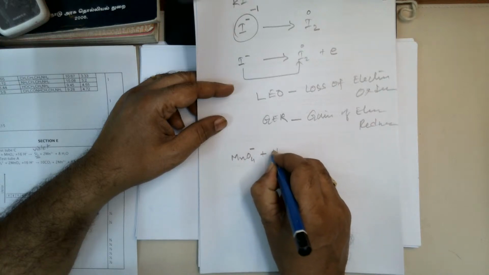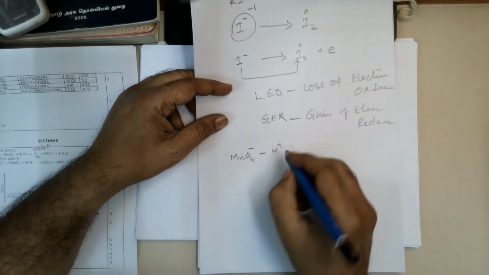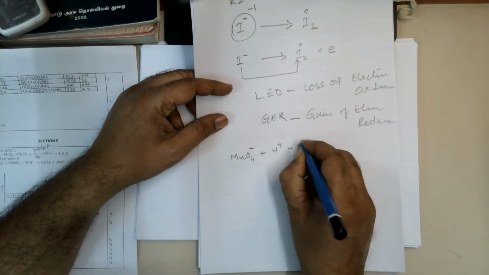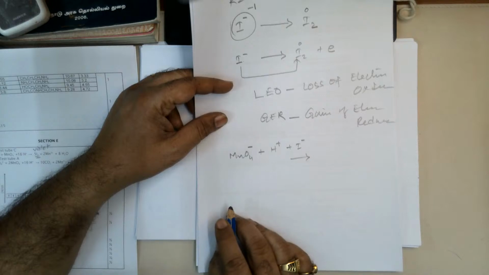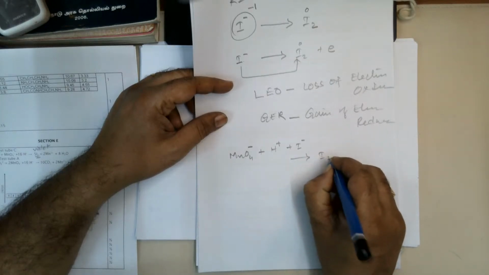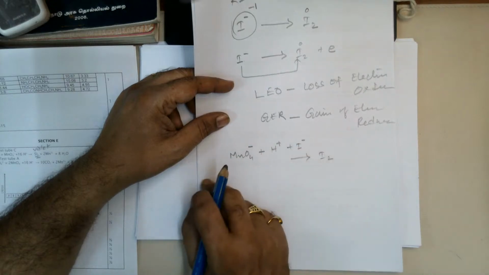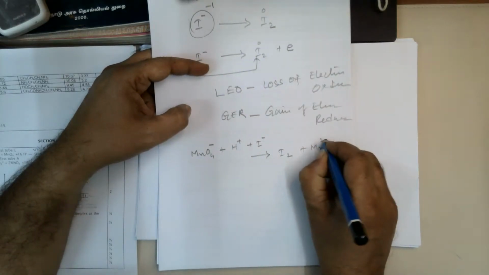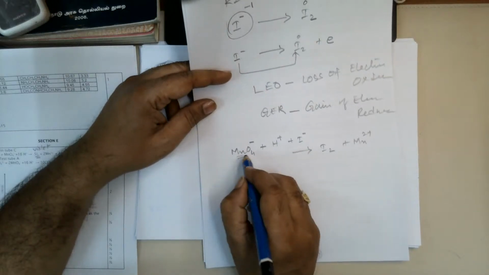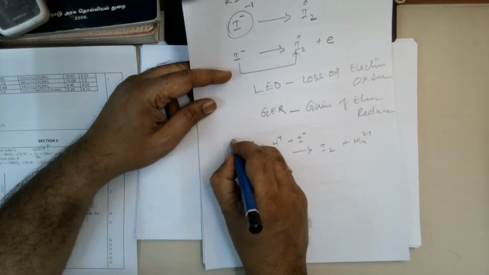And then iodide, so it should be I minus. That gives iodine I2, and this MnO4 has supplied oxygen, so it becomes Mn2 plus. Are you able to follow? What about this? When you work out KMnO4, this is plus how much?